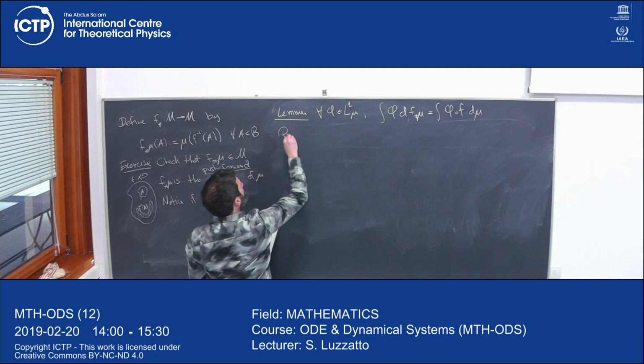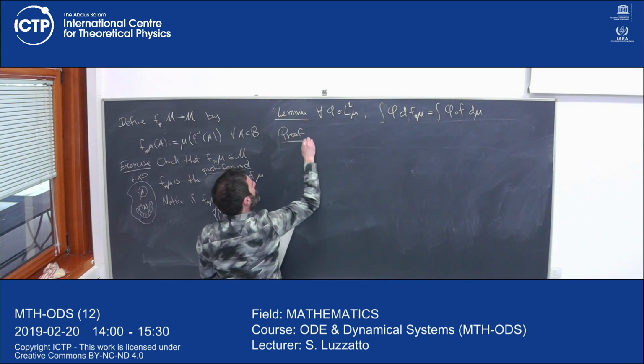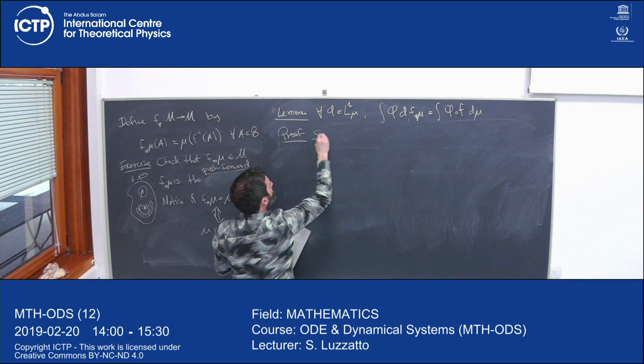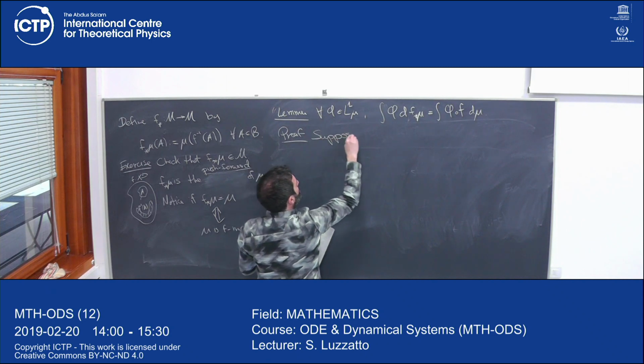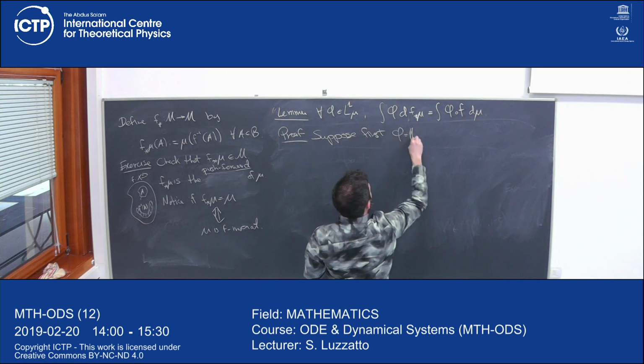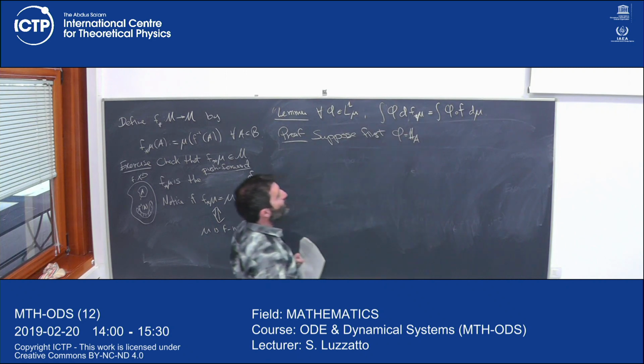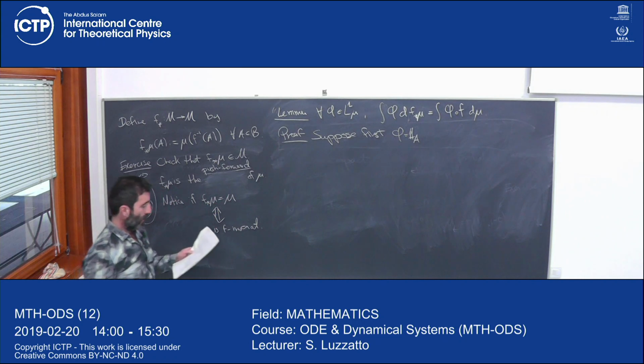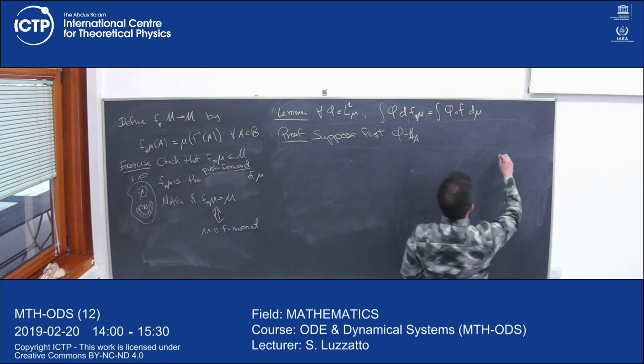And so the easiest way to see it is, suppose first of all that phi is the characteristic function of some set A. Okay, then what does this mean?